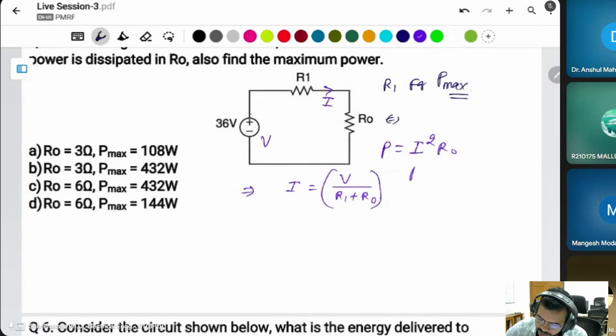Then what is the power? V divided by R1 plus R naught, whole square, into R naught. This will be V square into R naught divided by R1 plus R naught, whole square.